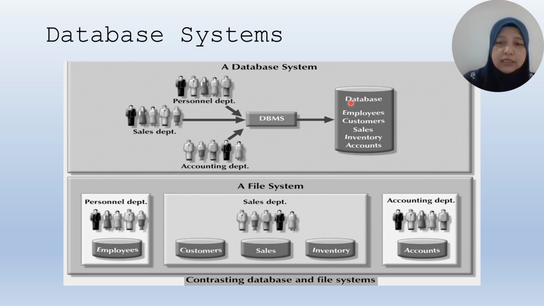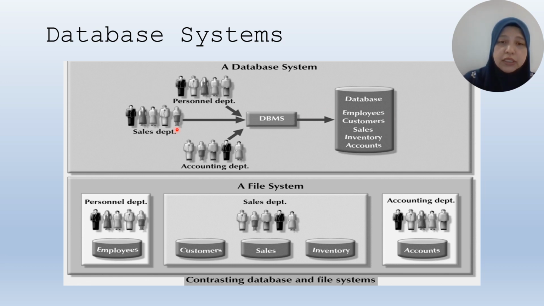And all these data in this one database is linked with DBMS, database management system, which is a software that we will look into after this, and can be used by all users. So personnel department, through DBMS, can retrieve whatever data is related to them, for example, customer data or employees data.